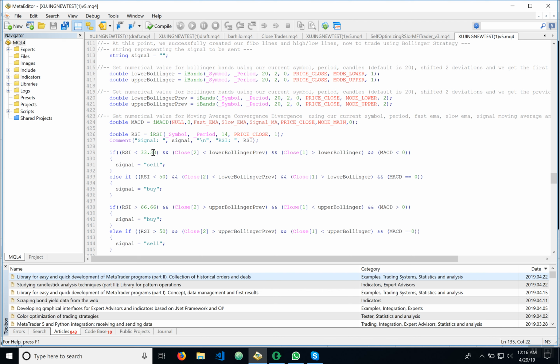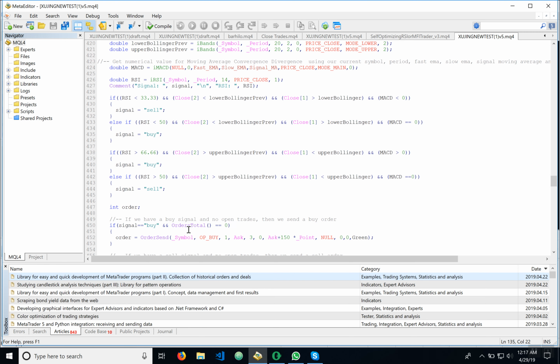If greater than each point, lower Bollinger Bands, greater than lower Bollinger, and MACD greater than 0, we set the signal to sell, and here we have the opposite. We set it to buy or sell depending on these three criteria for combining these three indicators.